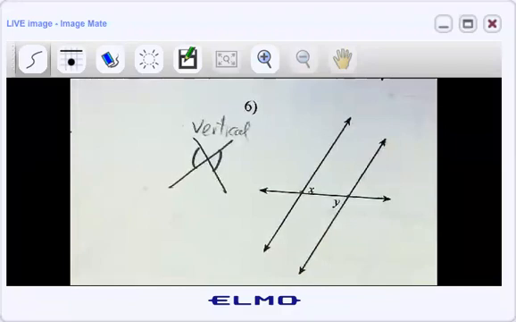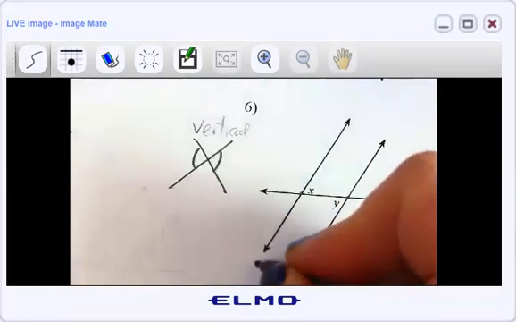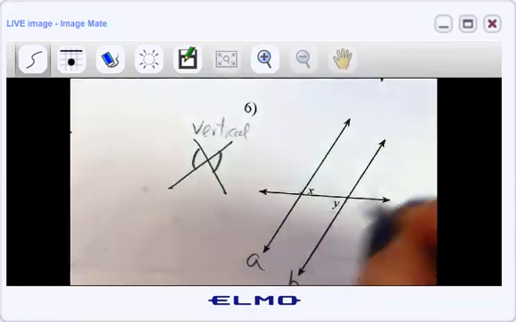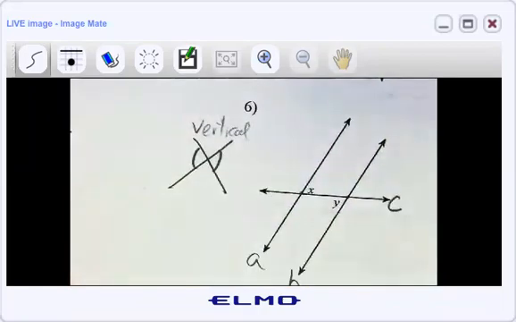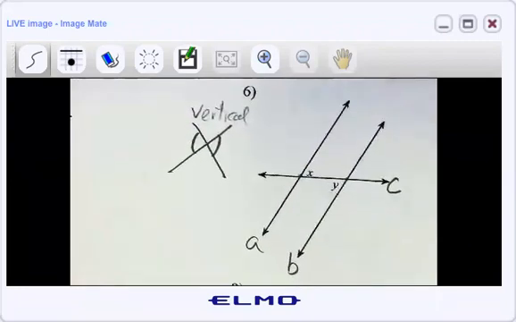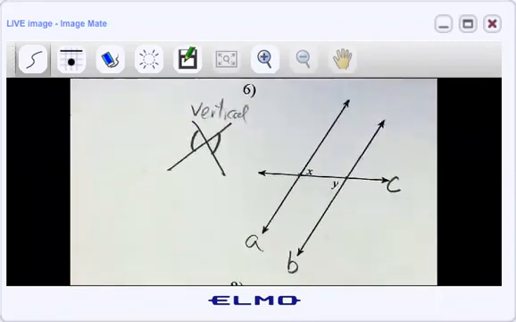Okay, the next question says, determine which line is the transversal. So here's how I like to figure it out. Obviously in this diagram, it's very easy to see which one line is crossing over the other 2. I'll give you that. But sometimes you have lots of transversals. How are you supposed to know which one is the one that matters?